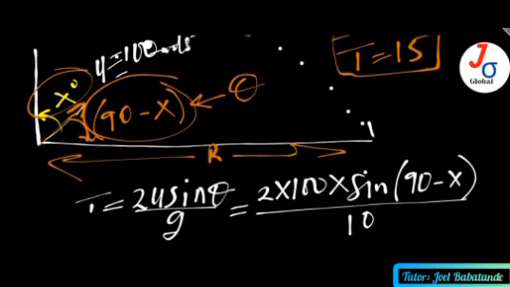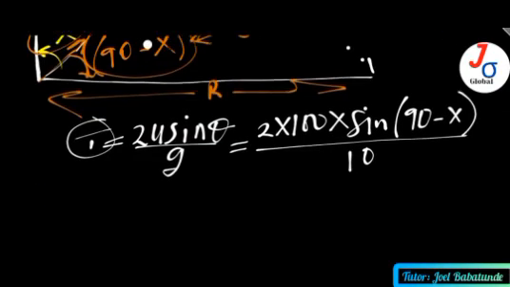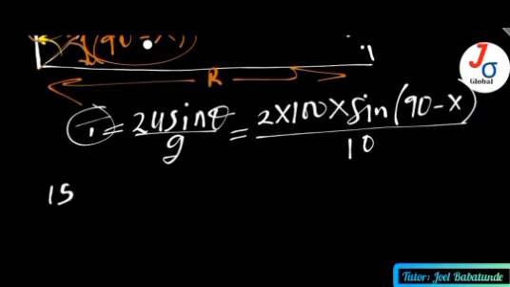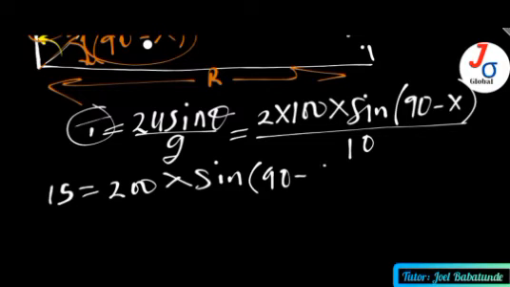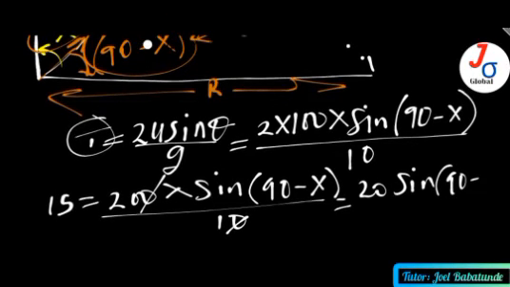Our time of flight T is 15 seconds. So 15 equals 200 multiplied by sine of 90 minus x, divided by 10. This can cut out one of the zeros, so we have 20 sine of 90 minus x.